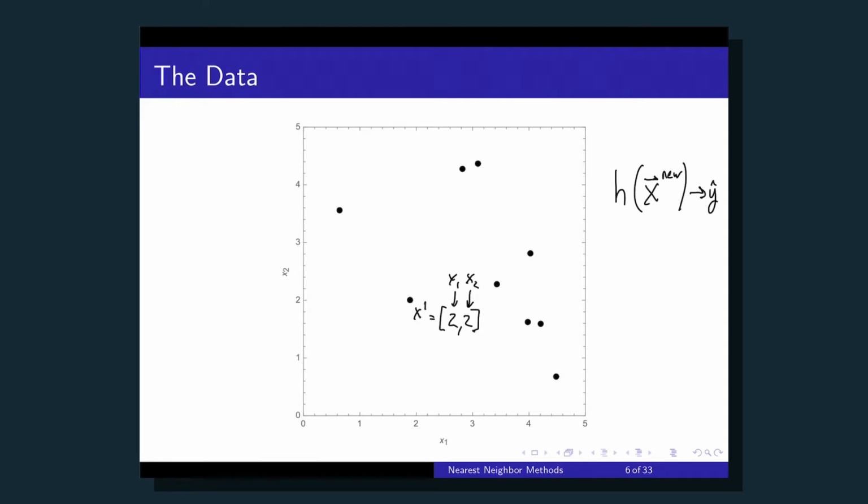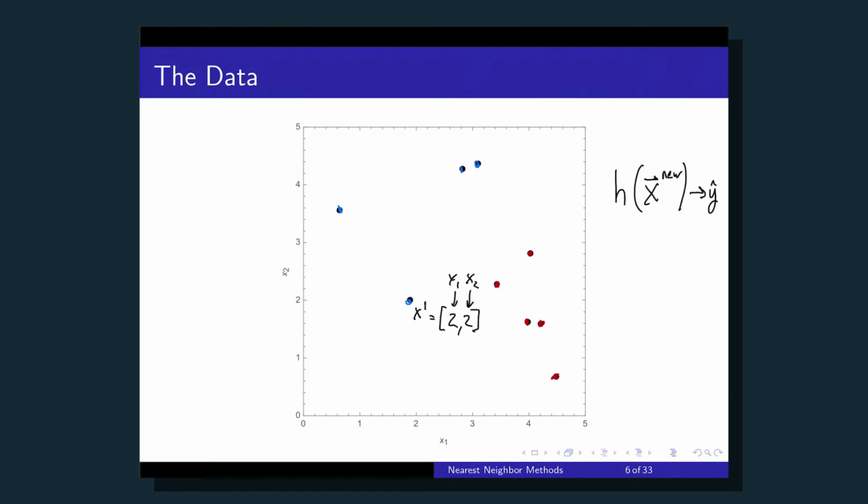We can assume that each one of these existing points has a label. For example, let's say we have two classes, red and blue. These guys could be red, and these guys can be blue. Now the question is, if I have a new point over here, is it red or is it blue?